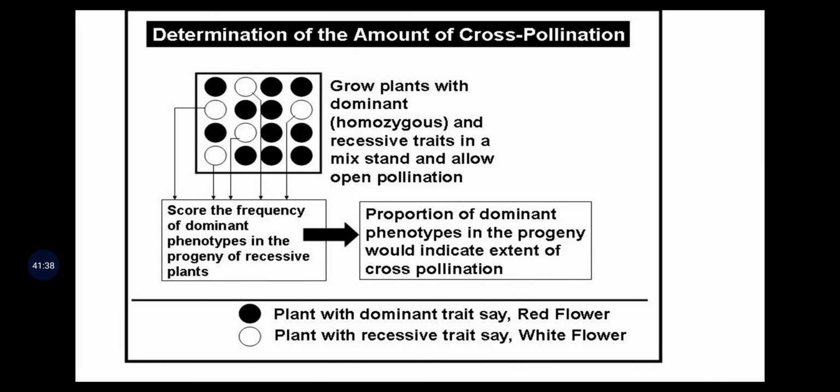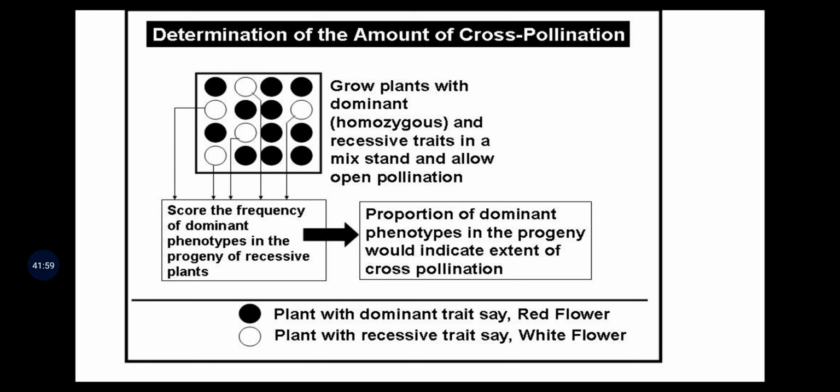Coming to determining the amount of cross-pollination. For this, grow plants with dominant and recessive traits in a mixed stand and allow open pollination. Dominant and recessive characters mean we can phenotypically observe the characters, and by experience we may go for this.